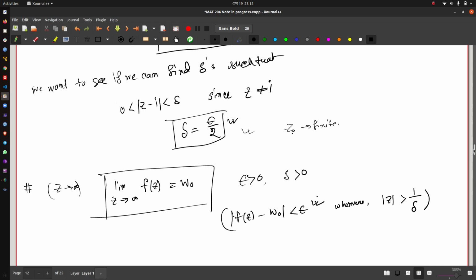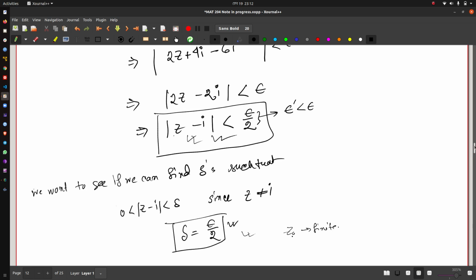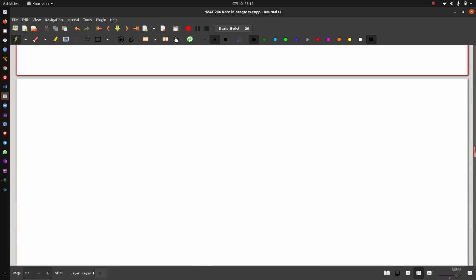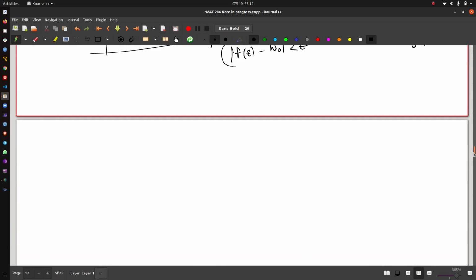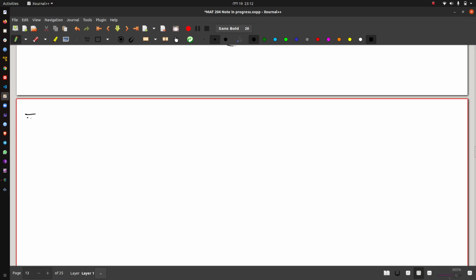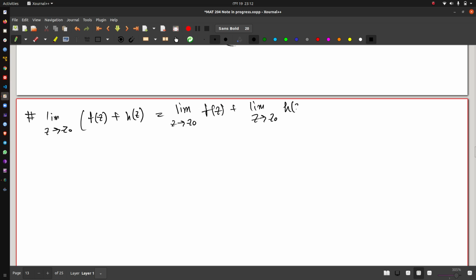And as you can guess already, the limit itself is a linear operator, so all the properties that you see in your real variable calculus will also apply over here. That means properties like this: limit of z goes to z naught of f(z) plus h(z) is just limit of z goes to z naught of f(z) plus limit of z goes to z naught of h(z).